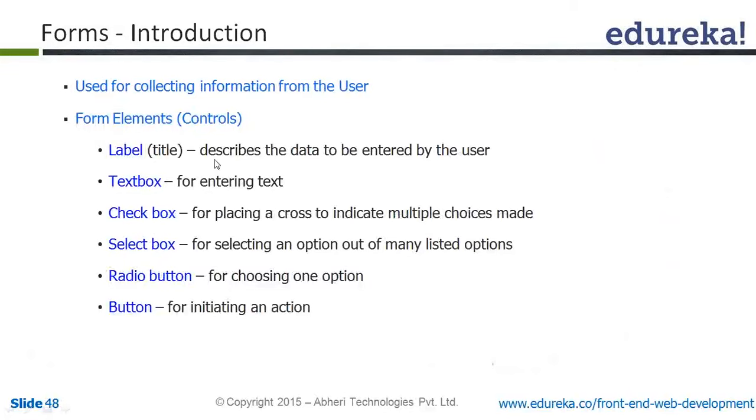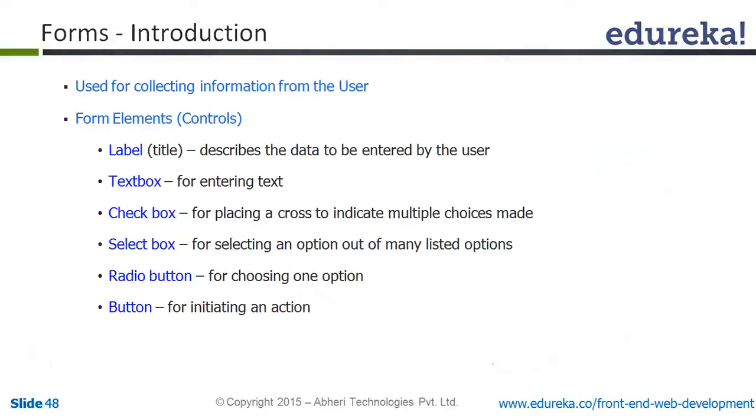Okay. So as I said, the main purpose of a form is to collect information from the users. And forms have different controls, different components. One component is called label, which is for display, to describe what the form is. Like for example, first name, last name, the gender, and your address.